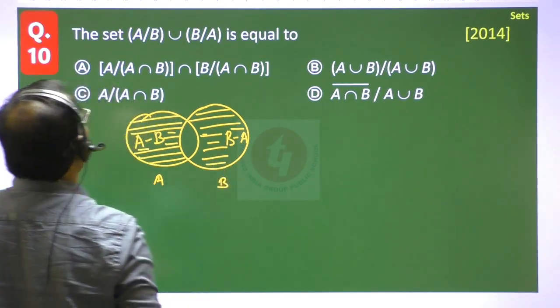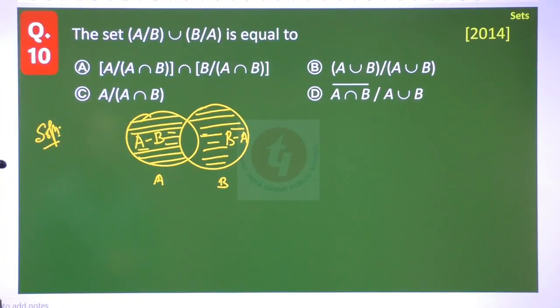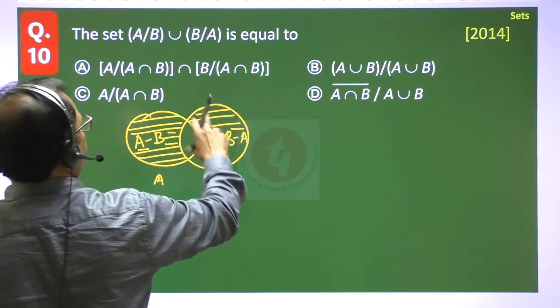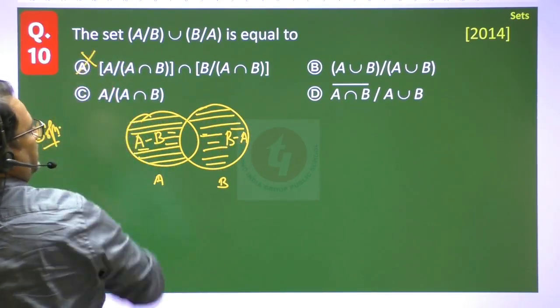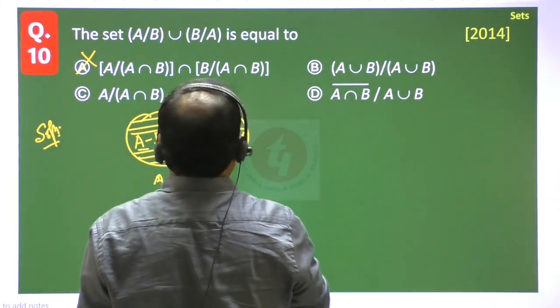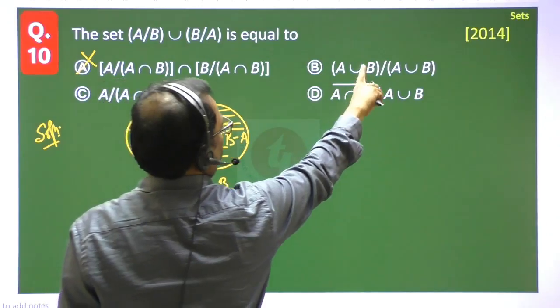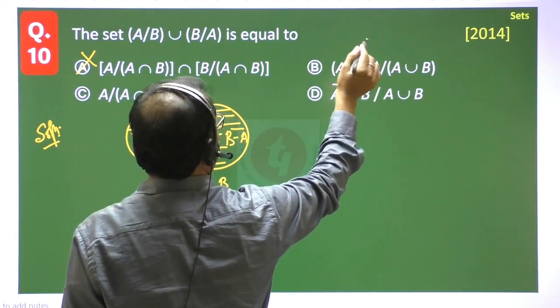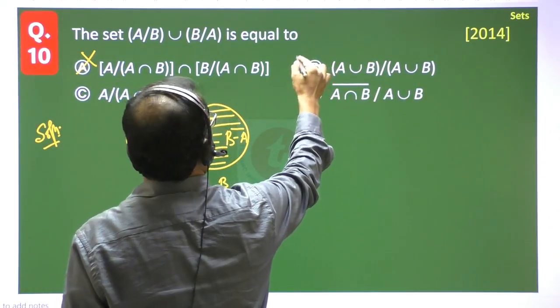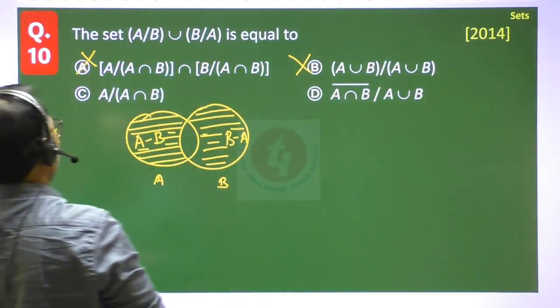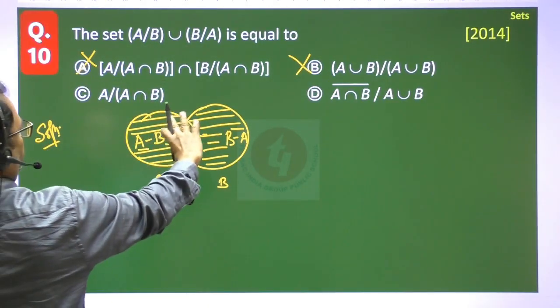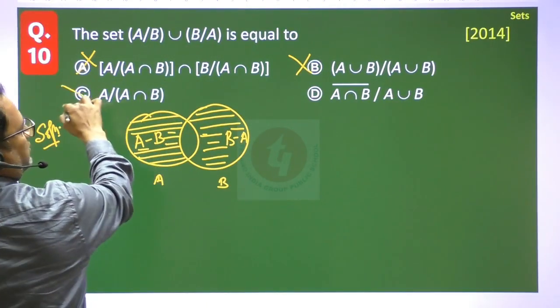So now if you take A minus A intersection B, B minus A intersection B, now they are intersections, option incorrect. A union B, if you take the total union, then subtract the union again, it is also false. Now A minus A intersection B, you get A minus B, false.